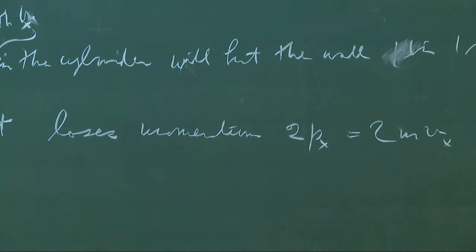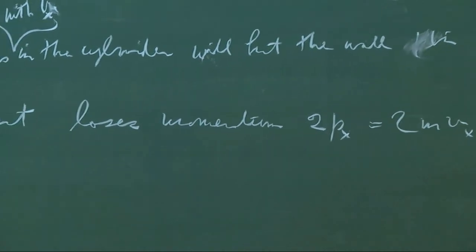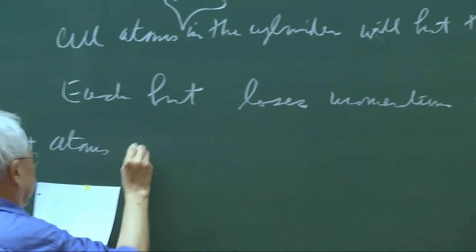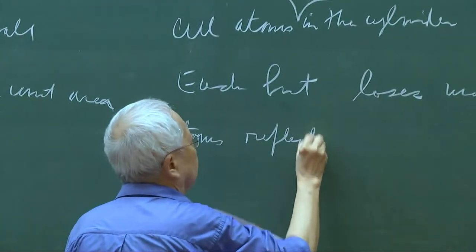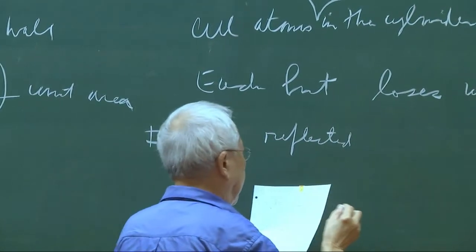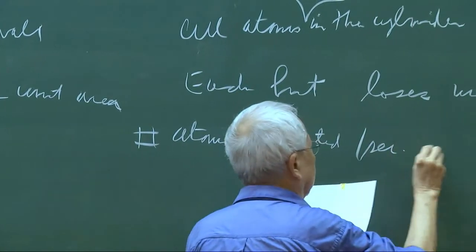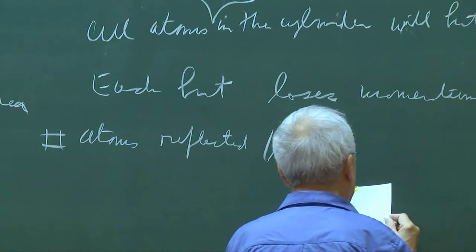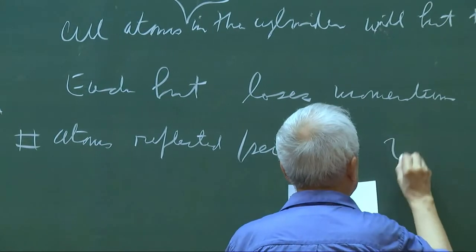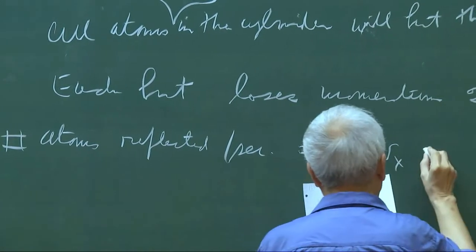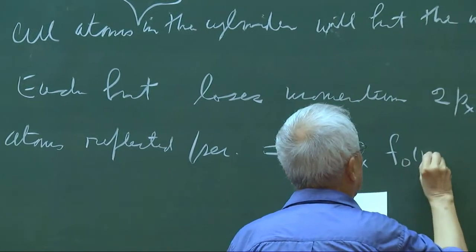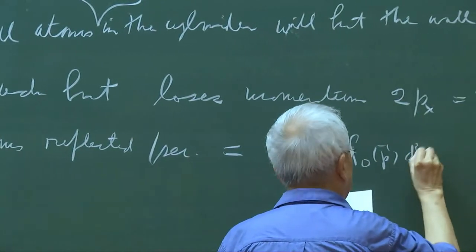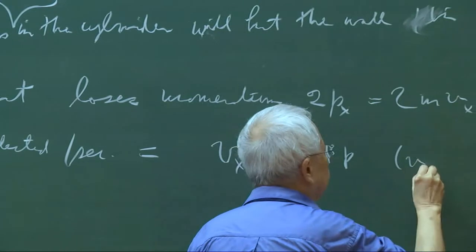And the number of atoms reflected per second is equal to Vx times f0(p) d³p, if Vx is greater than 0.